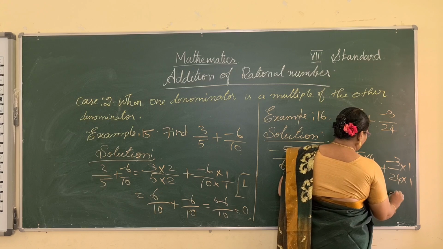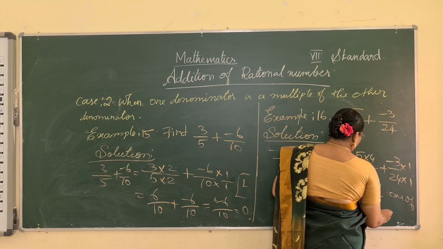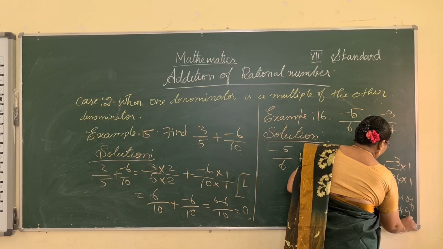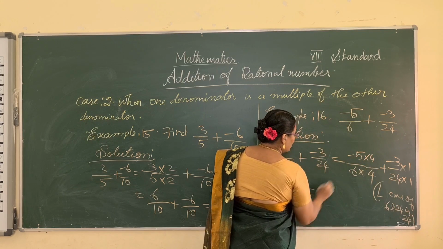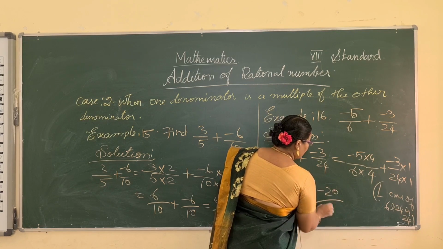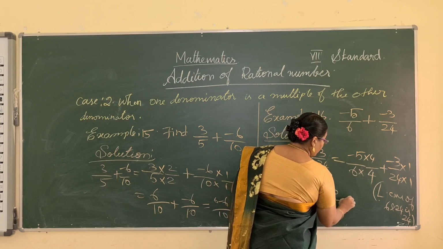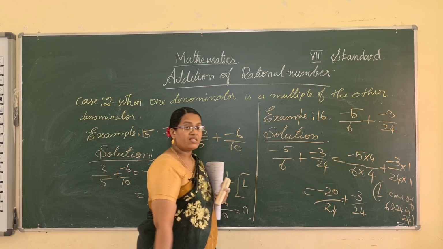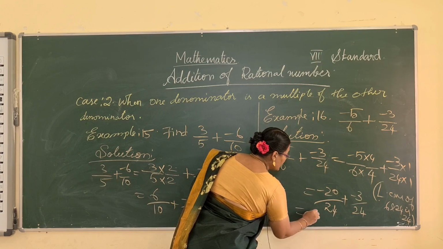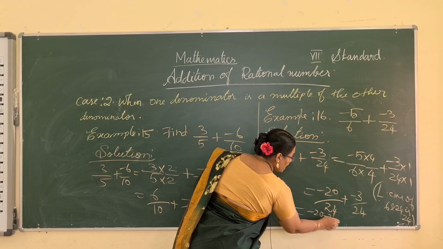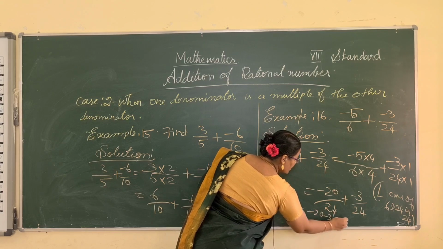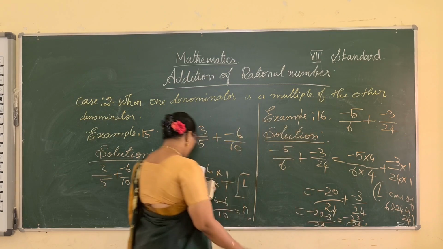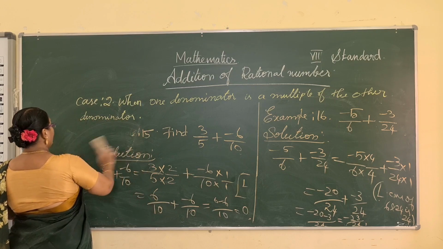Here the LCM of 6 and 24 is 24. So minus 20 by 24 plus minus 3 by 24. Both numerators have the same sign, so add and put the same sign. So minus 20 minus 3 by 24 is equal to minus 23 by 24.